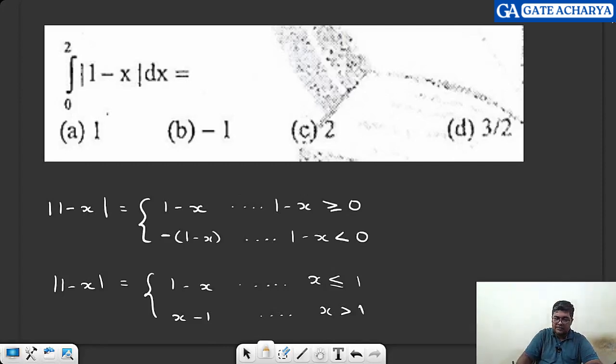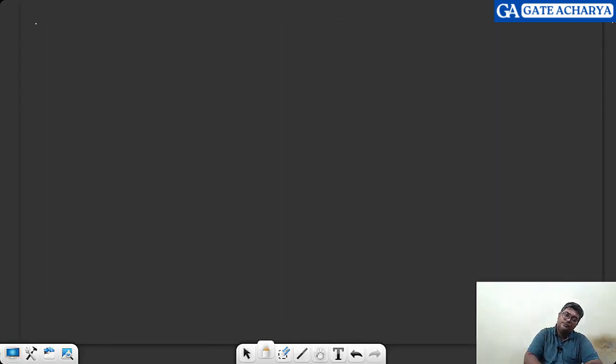So how to cover that? That's what I'm showing you. My integral is 0 to 2 of mod of 1 minus x dx. Now, remember that for definite integration, there's a famous property.